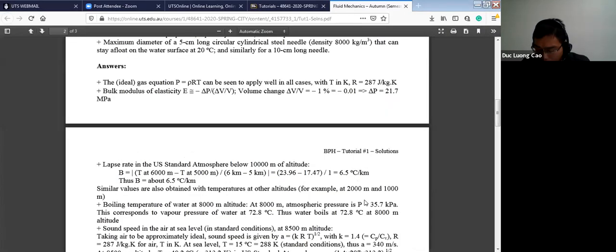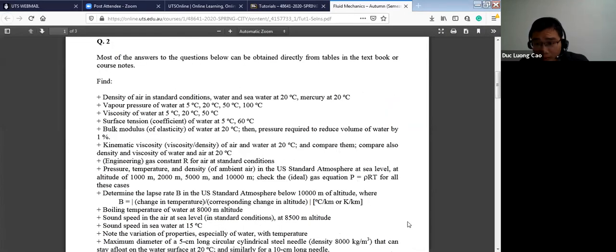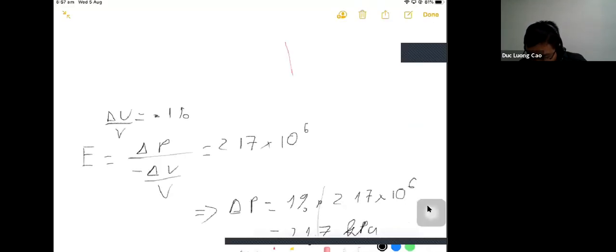Sorry, MPa, because this one is MPa, 20 megapascal. It means if you want to change 1% of volume, you have to change the pressure by 21.7 megapascal.